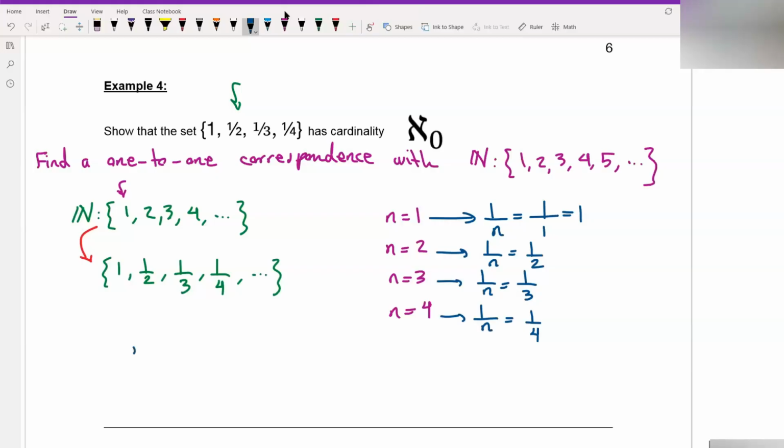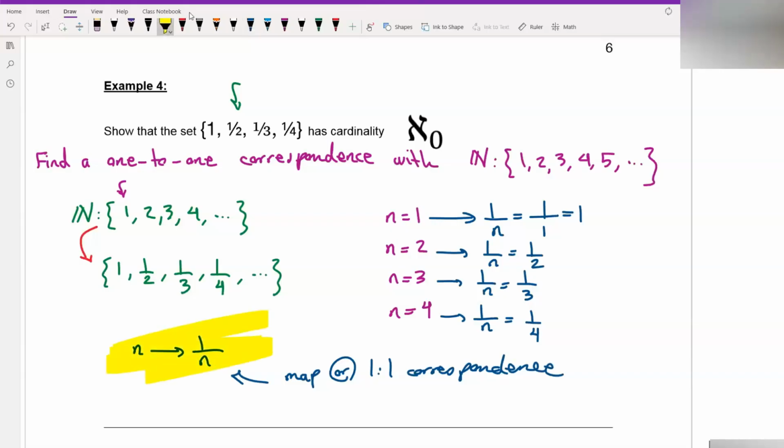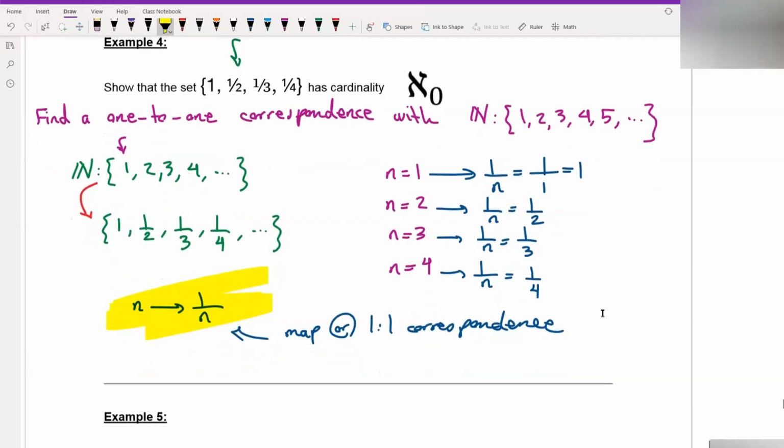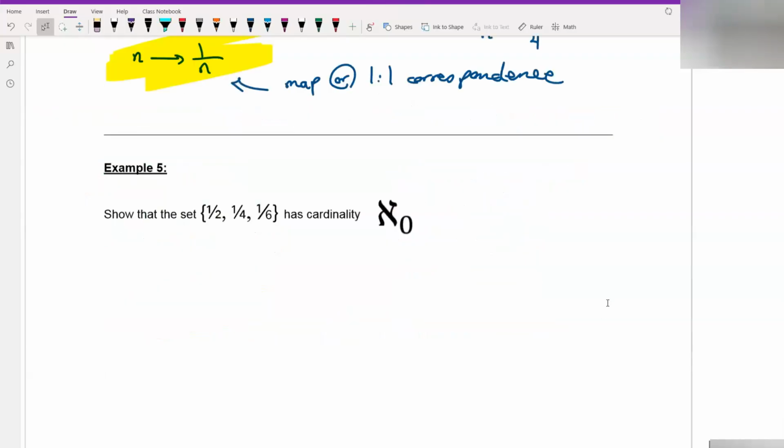So here is our map. So that is said, this one has cardinality aleph naught.